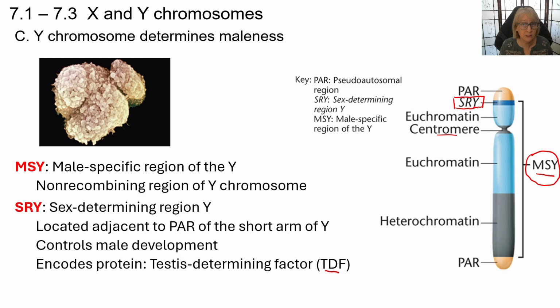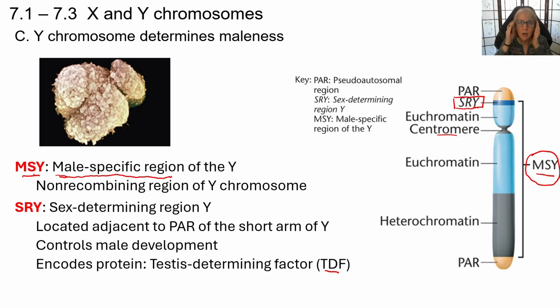I highly suggest, as we start talking about specific genes and the expression of them, that you do not start by memorizing the short version. I made these red. On the exam, I will write out both the short and the long specific version of it. I suggest that you learn male-specific region of the Y, MSY.